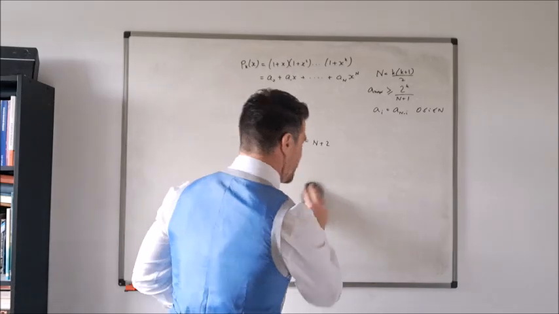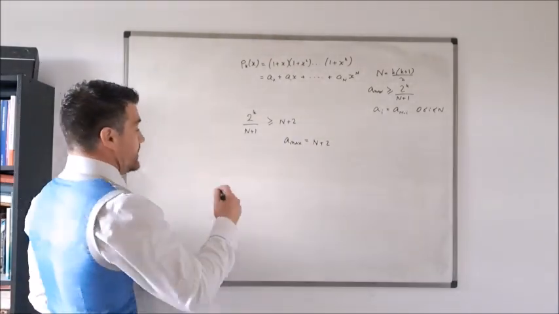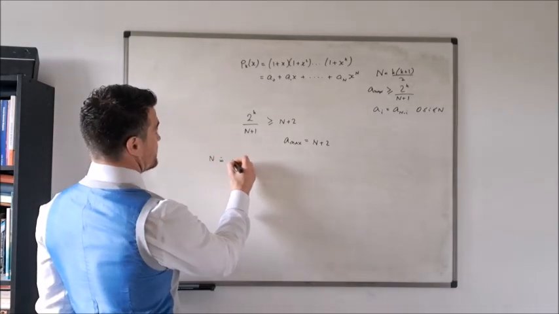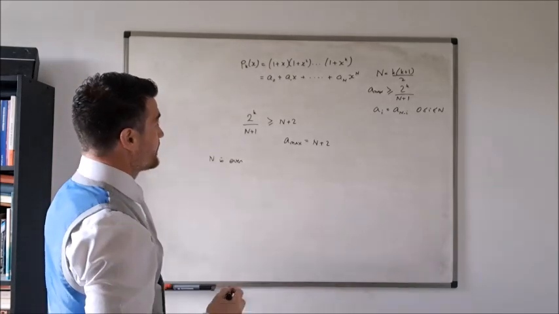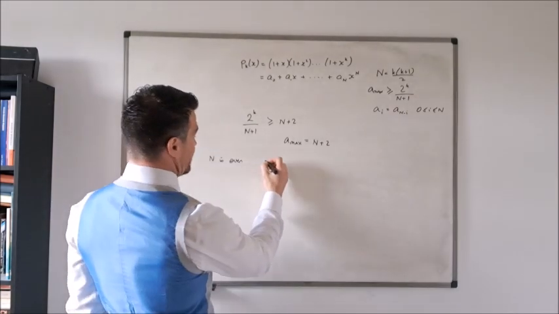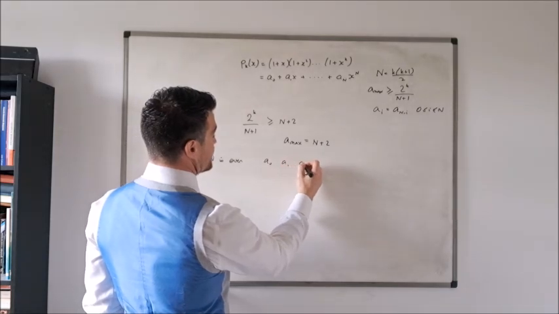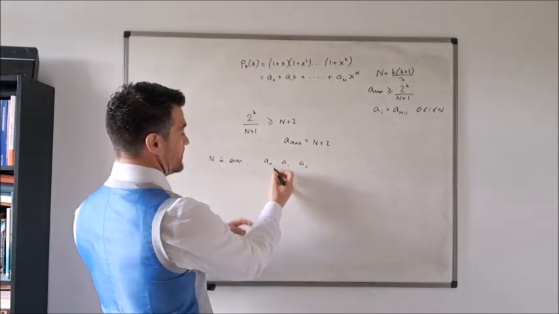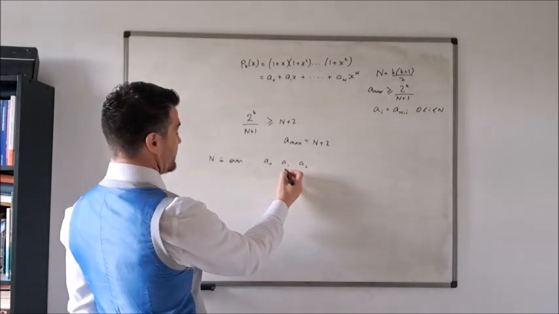And this is where you think about worst case scenarios. What's the worst case scenario? Well, let's say n is an even number. If n is equal to 2, we're going to have A0, A1, A2. By the symmetry, A0 and A2 are going to be equal, and A1 is potentially going to be another number.